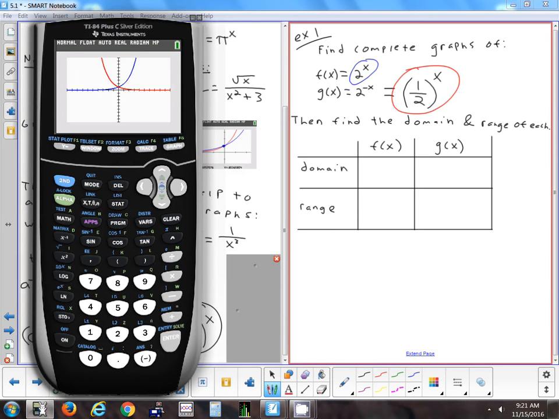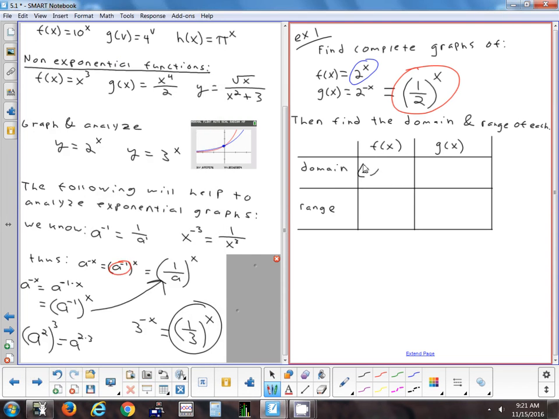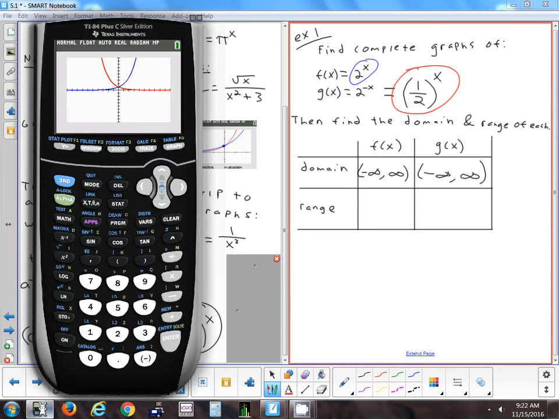And how about the red one? Infinitely. Yeah, if you have something that goes negative infinity to infinity and you mirror it, it's still negative infinity to infinity on both. Okay, so the domain is negative infinity to infinity for the blue and for the red.